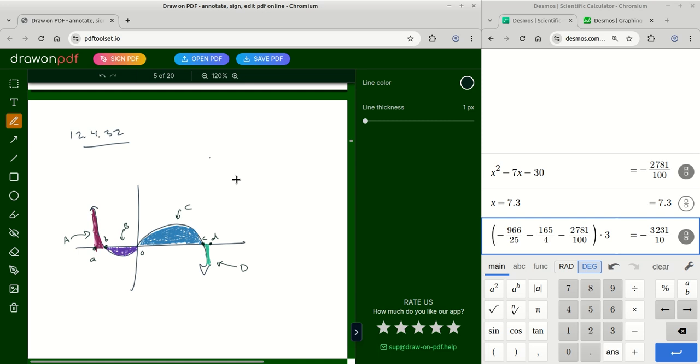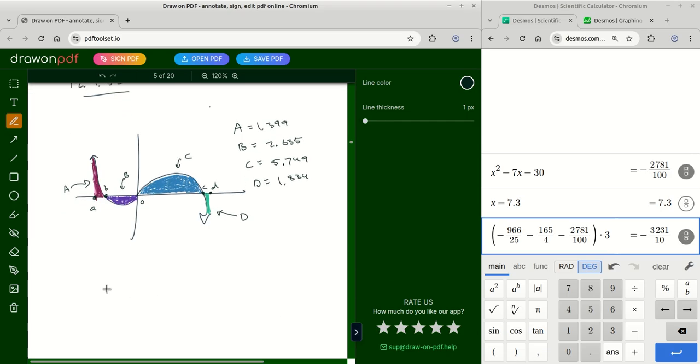And then they say that A is equal to 1.399, B is equal to 2.635, C is equal to 5.749, and D is equal to 1.834. Awesome. And then they say, hey, find the integral from 0 to C of f of x dx.